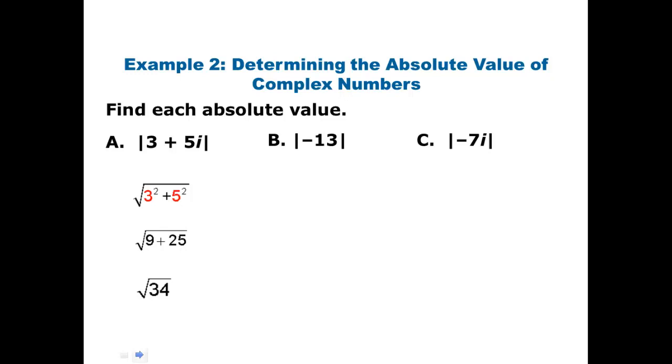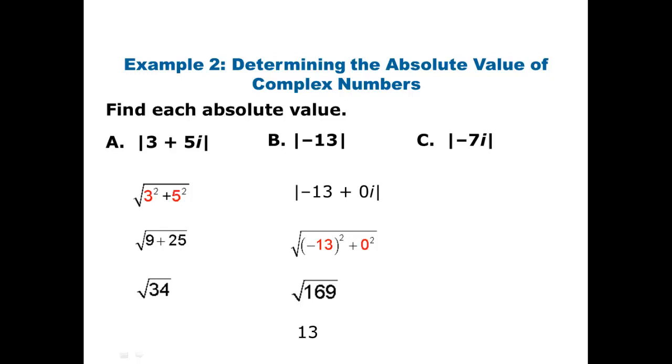Alright, if we look at part B, negative 13, there is no imaginary number, so we could rewrite this as the absolute value of negative 13 plus 0i. Then set up our square root. We get the square root of 169, which is 13.